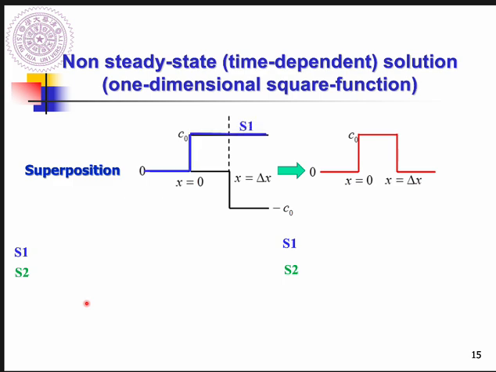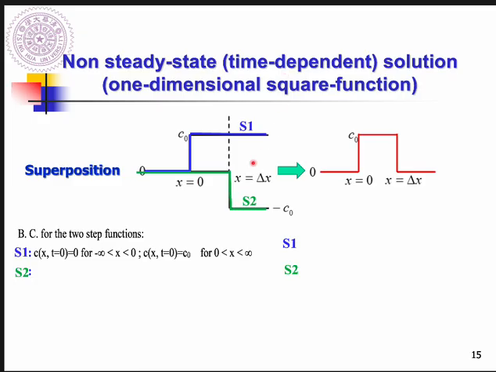For the blue step function, I can write it down. The boundary conditions are: while x is between negative infinity and 0, the concentration remains 0. But while x is larger than 0, the concentration becomes C0.